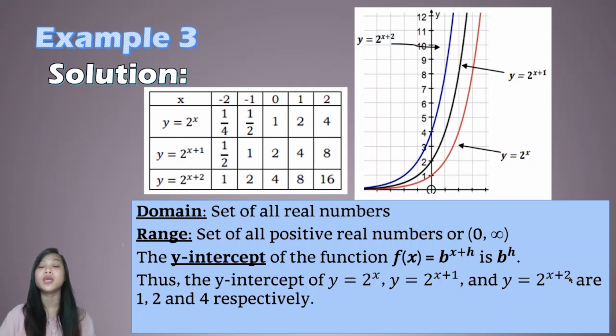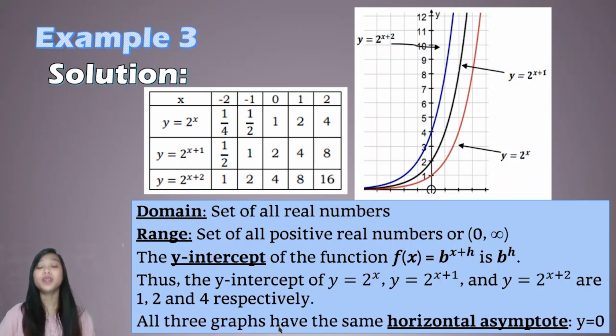So when we get the y-intercept, we have 2 raised to 2, because 2 is our base and 2 is the constant h. So 2 squared is 4. That's why we have 0, 4, which is the y-intercept for this blue graph, y equals 2 raised to x plus 2.